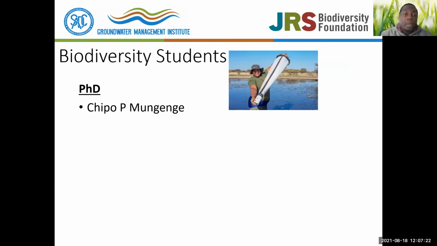And then we have one PhD student, Chipo. Chipo is looking at plankton diversity and also food web structure across different ponds within the Khakhea Bray transboundary system. He has roughly 20 ponds on the South African side, and he's going to get a similar number for the Botswana side.